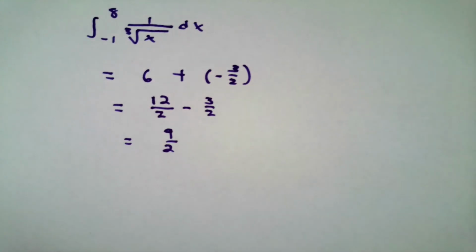As I mentioned previously, if you just find an antiderivative of 1 over cube root of x, evaluate at 8 and -1 and subtract, you end up getting the correct answer, but that's not always guaranteed to happen, as we saw with the first example we looked at.